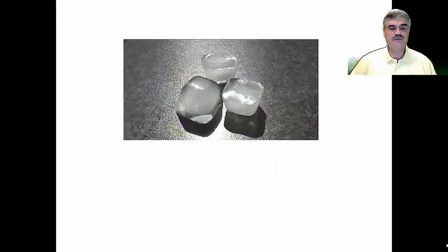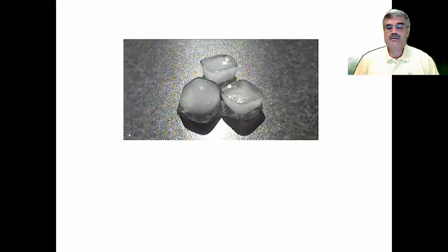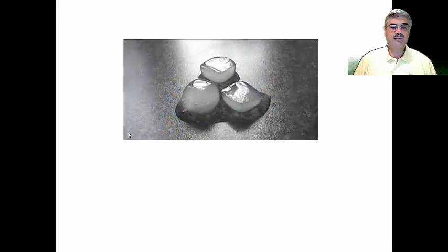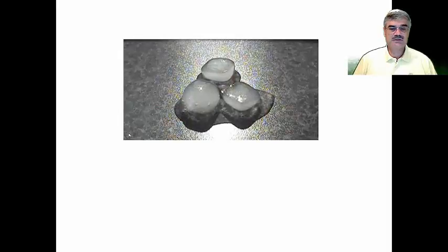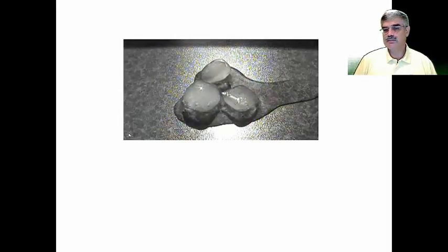Now, here's a little video showing this effect. You'll see that if you take some ice cubes and put them on a counter, a warm counter, or at least not a cold counter, as a function of time, the poor little ice cubes melt away into a sad little puddle of water.